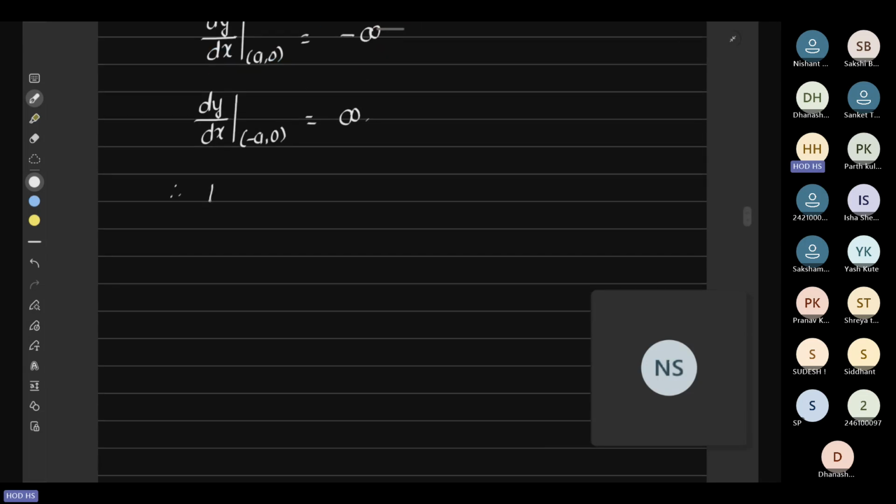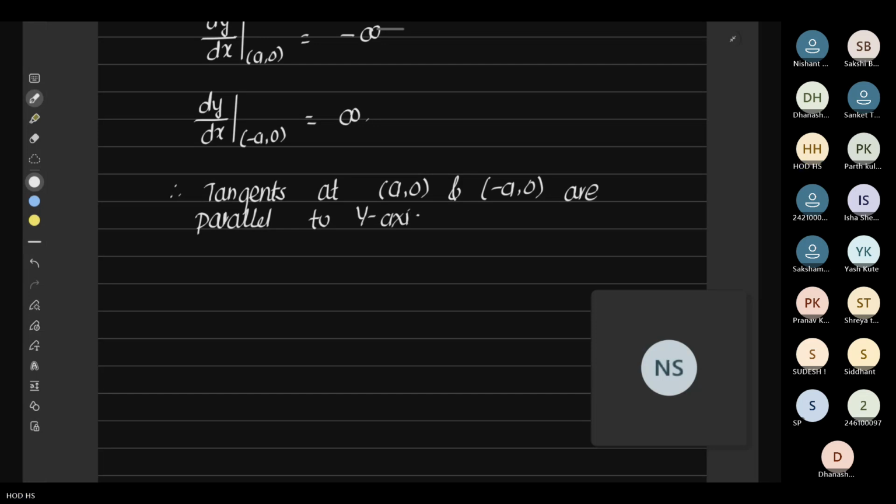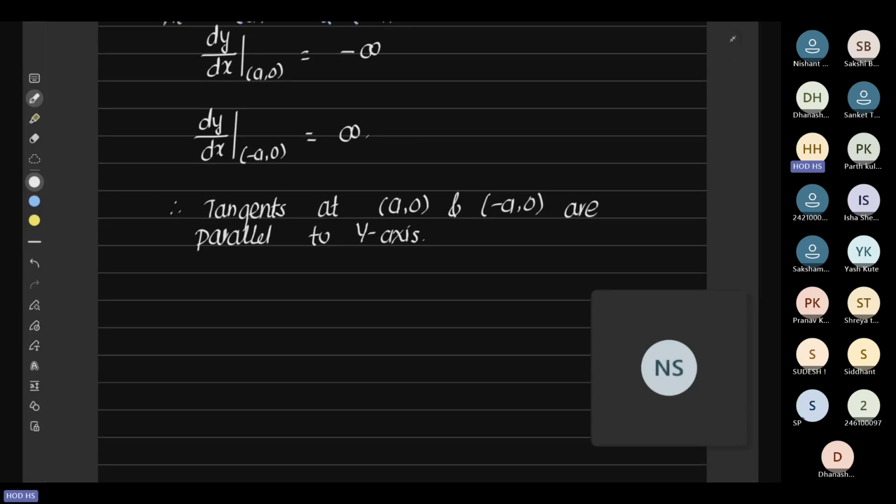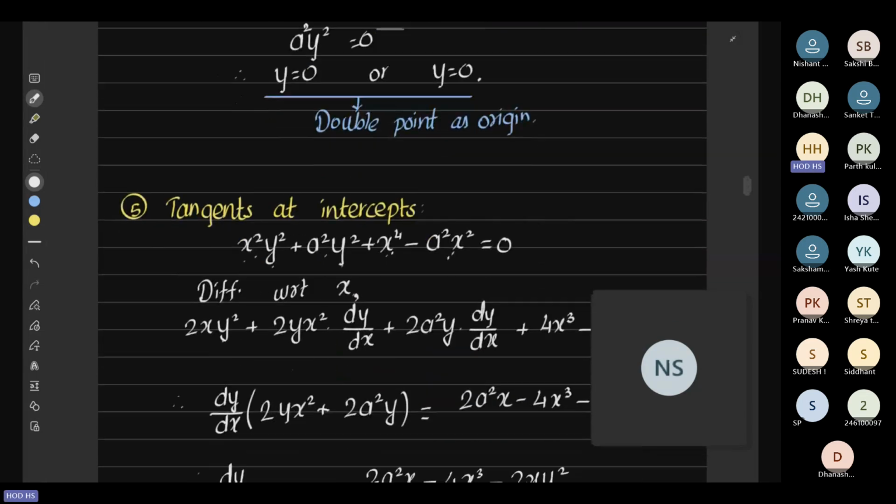So therefore, tangents at both the points (a, 0) and (minus a, 0) are parallel to y-axis. The slope is infinity means they are creating the 90-degree angle with x-axis, and the axis which creates 90 degrees with x-axis is the y-axis. So we got tangents at the intercepts.